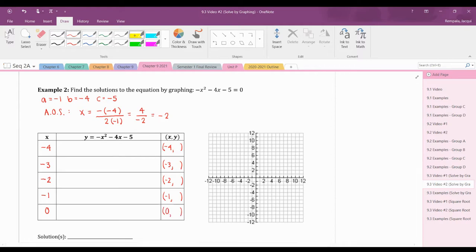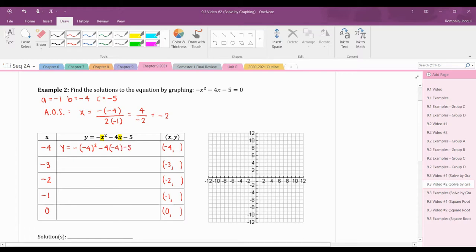in order to create the rest of the ordered pairs. So notice that even though it says equals 0, when we're creating our table, it's really y equals. And so we've got 2 x values that we're going to substitute these in for. So we're going to have y equals, we'll have the negative sign, and then in parentheses, -4 quantity squared, minus 4 times -4 in parentheses, minus 5.